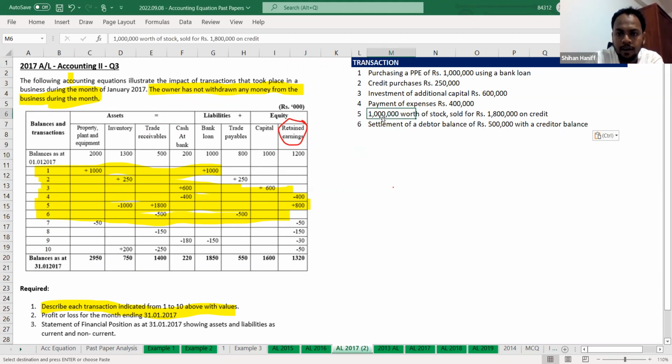Fifth one, it's correct. Yes. So goods on credit worth 1,800. Yeah, that is also correct. You can write like that.